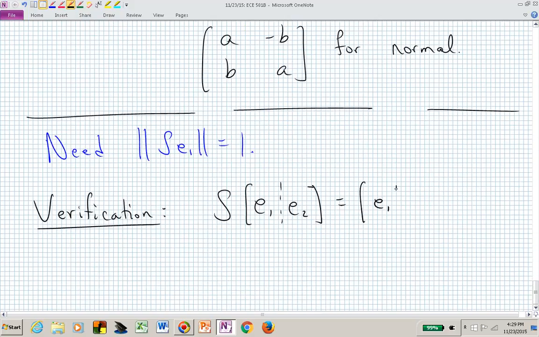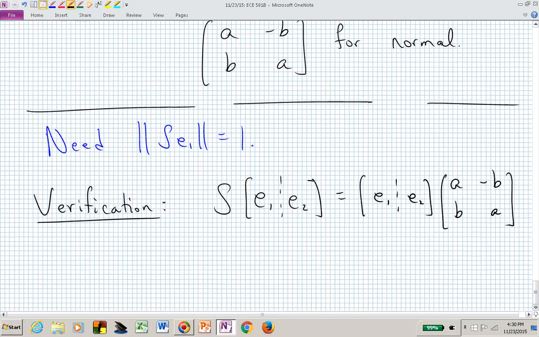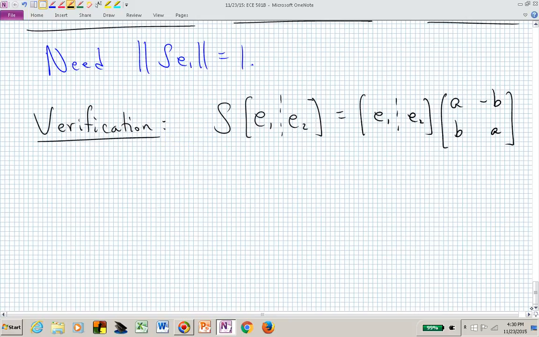And those then tell us that if we use E1 and E2, that will allow us to re-represent this isometry as this 2 by 2 block, in the first row A minus B, and in the second row B A. Now if we applied that 2 by 2 submatrix to E1 and E2, what's the first column of that product on the right?